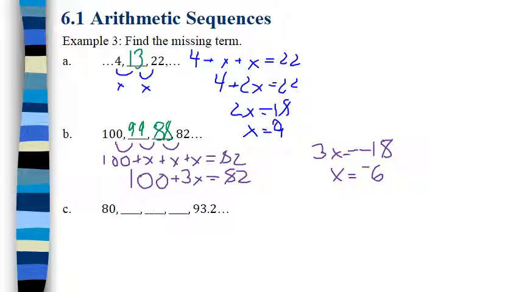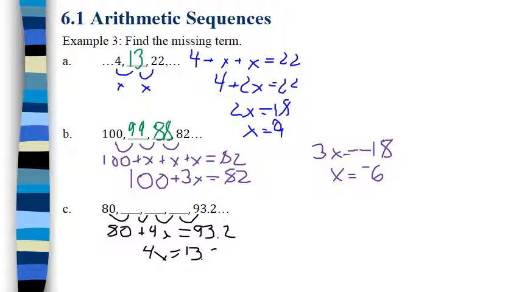One more time. We can even do this with decimals. So if we have 80 plus 1, 2, 3, 4 x's, I should get 93.2. So if I subtract 80 on both sides, 4x equals 13.2.